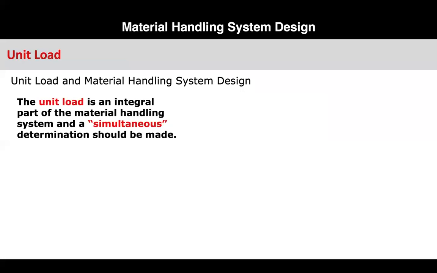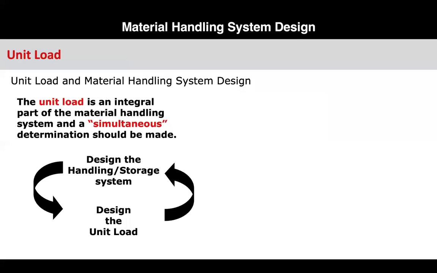So the unit load and material handling system design. The unit load is an integral part of the material handling system, and simultaneous determination should be made. When you're designing the material handling and storage system, you definitely also have to be designing the unit load.